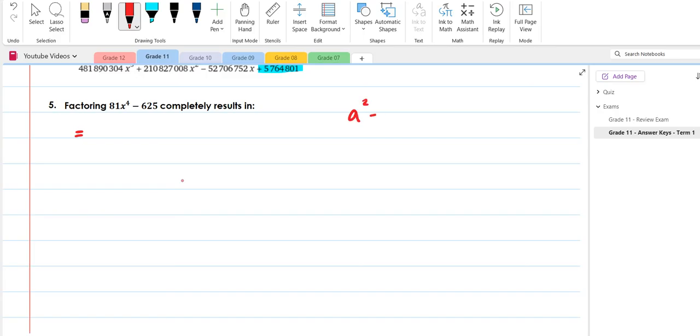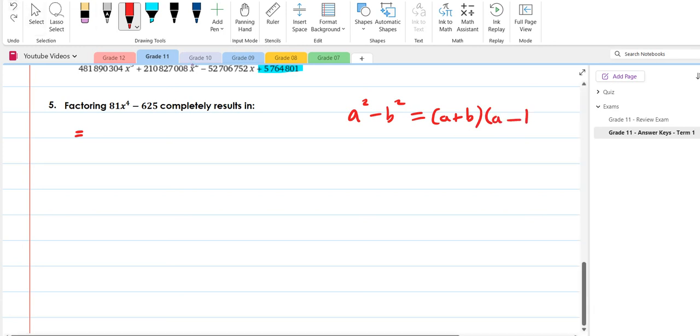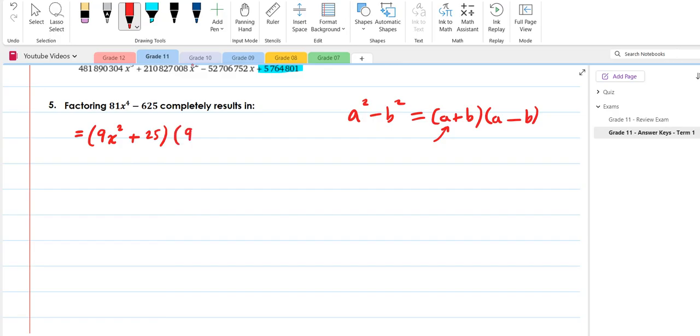So a squared minus b squared, we know, is a plus b into a minus b. To get a, we square root the a squared. So if you square root this, you get 9x squared plus, and if you square root 625, you get 25. So 9x squared plus 25 and 9x squared minus 25.